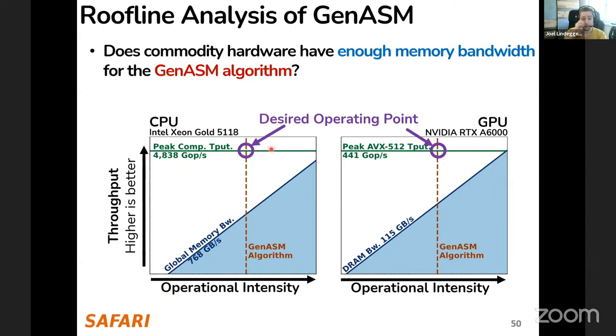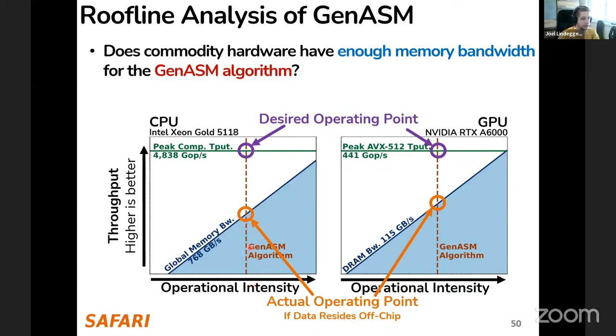Now, the actual operating point of these algorithms is unfortunately bound by the intersection point between the algorithm and its memory bandwidth. So if you check here, the intersection point between the algorithm's operational intensity and the memory bandwidth is significantly below the desired operating point.